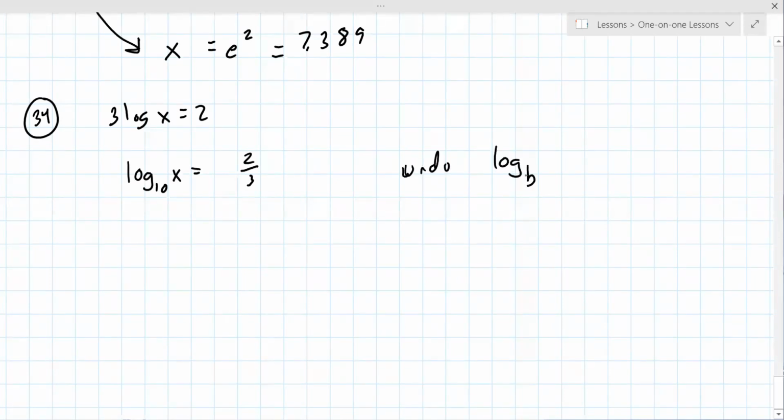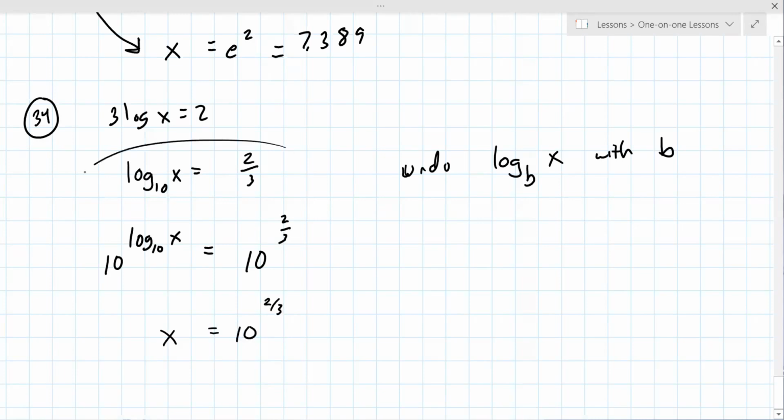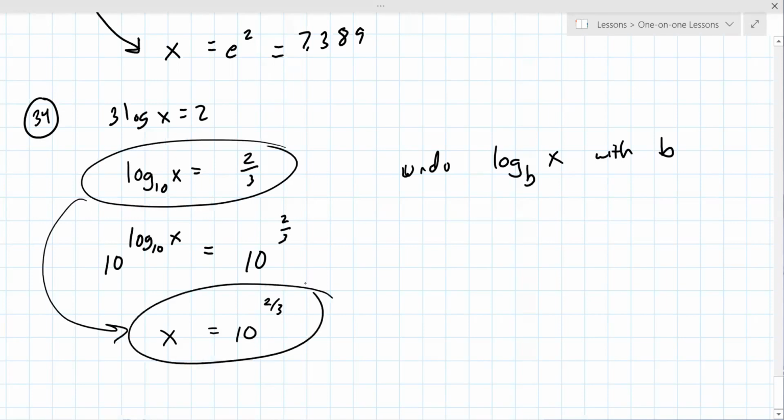You undo log base b of x with b. So let me try to explain that. The base here is 10. So you write 10 to the log base 10 of x equals 10 to the 2/3 power. And on the left, this becomes x, and this is 10 to the 2/3. So we had some problems where you actually had to go back and forth.